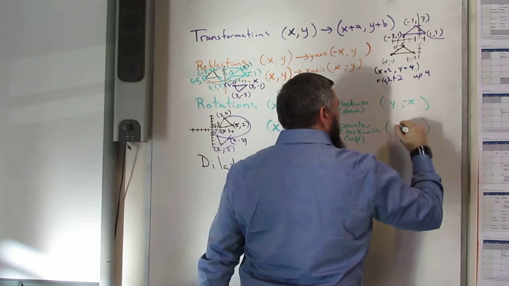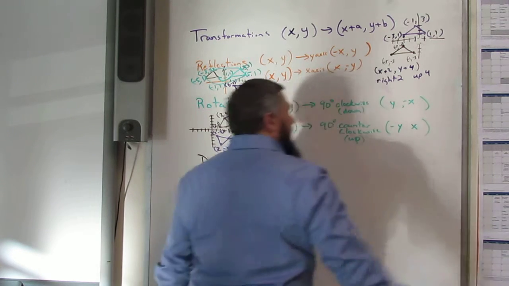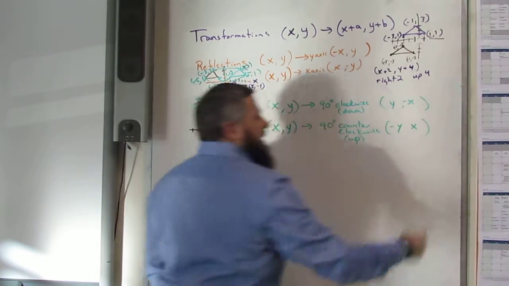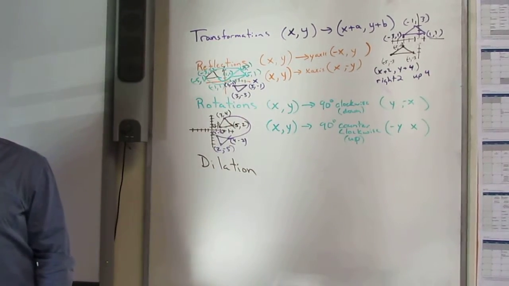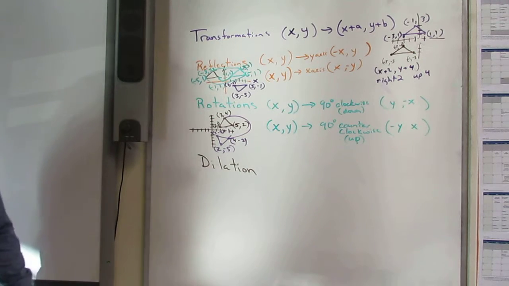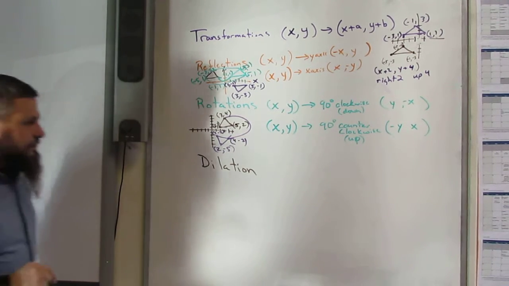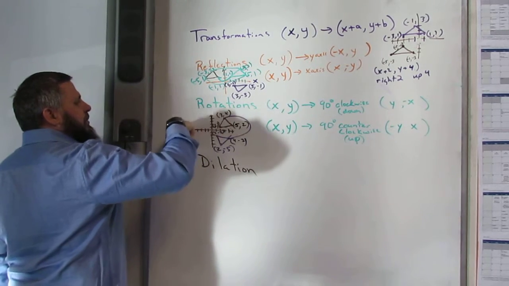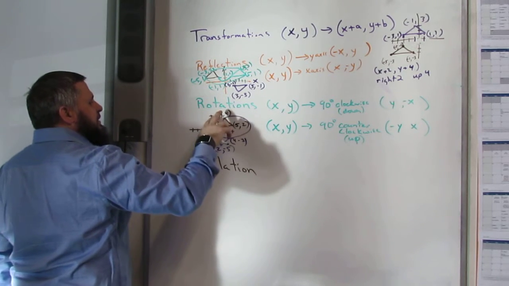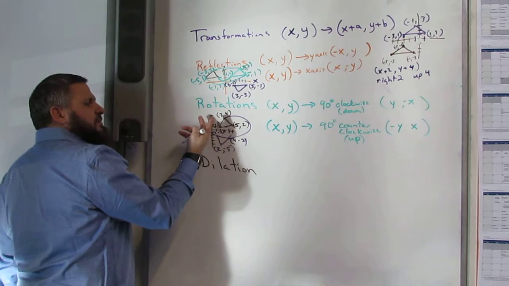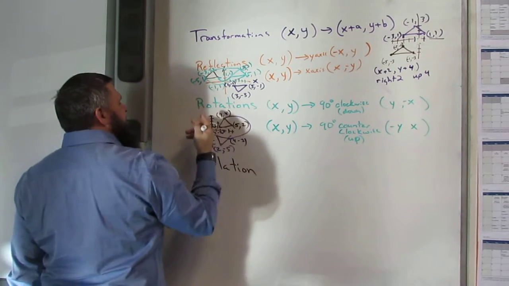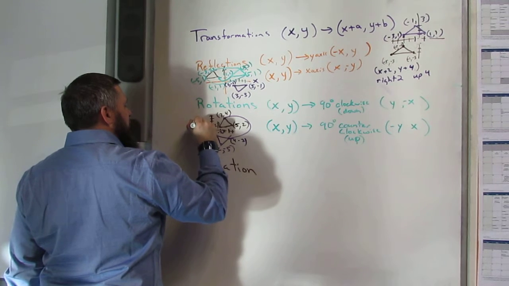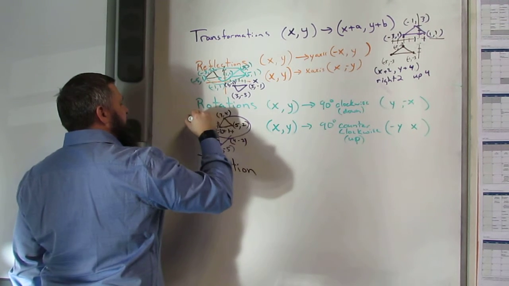And in this case, your Y becomes negative. If I were to go this direction with it, it's still going to be 4 and 3, but my negative 4 and 3.